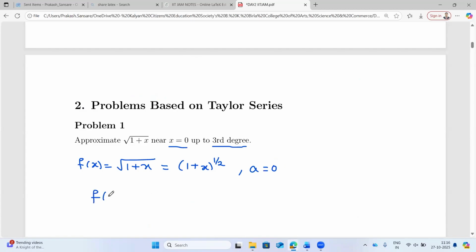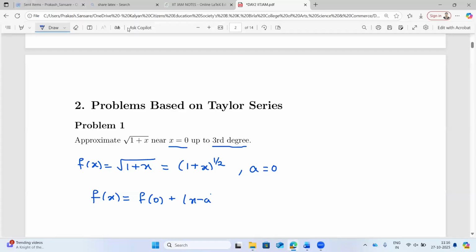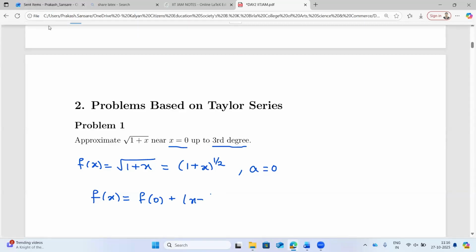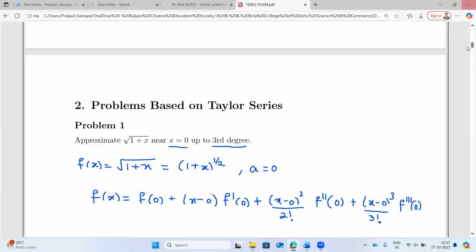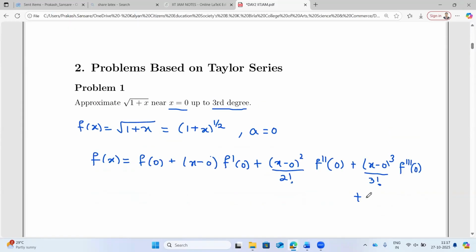So what I need is basically, I know f of x is equal to f of 0 plus x minus 0 times f dash at 0, plus x minus 0 whole square divided by 2 factorial times f double dash at 0, plus x minus 0 whole cube upon 3 factorial times f triple dash at 0, plus dot dot dot.